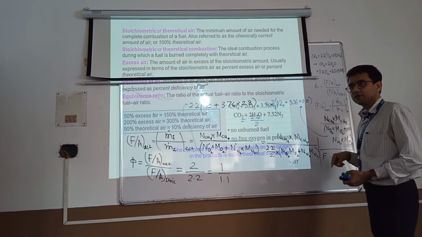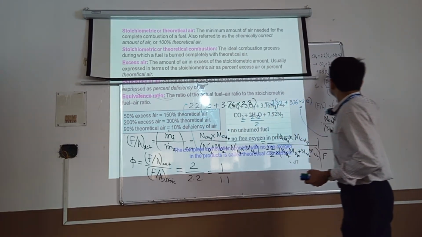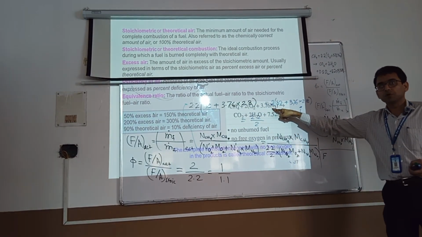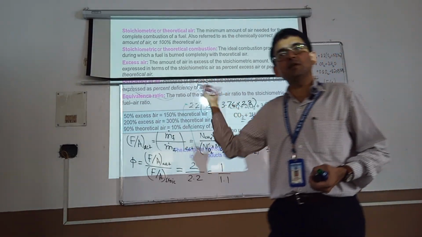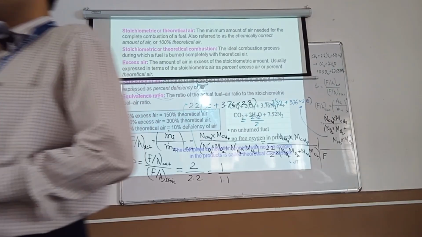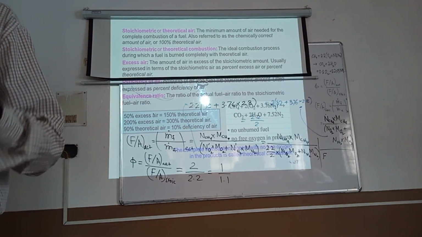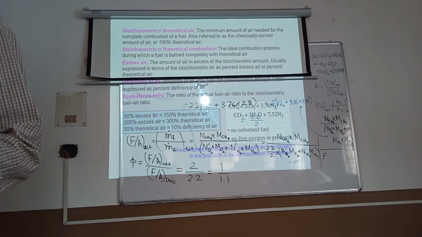So in the actual it will be 2.2 and in the theoretical it is 2. So the ratio will be 2.2 by 2. Is it a rich mixture or a lean mixture? Air is more, so it will be lean. More air means lean mixture.